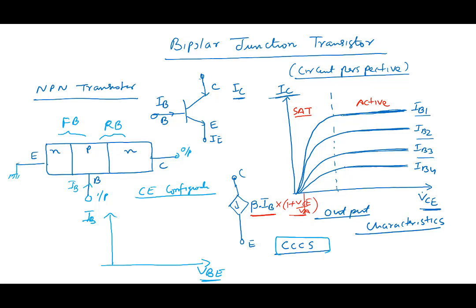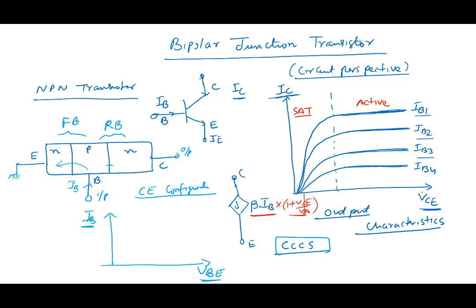The base current that enters here, because the collector junction is reverse biased, primarily comes about because of injection of carriers. So the holes get injected into the emitter across the forward bias junction. The collector current, we will come to that. IB is primarily determined when you apply the base emitter voltage.